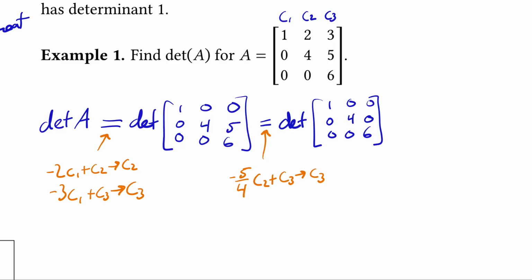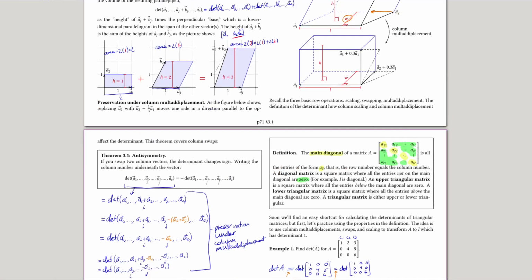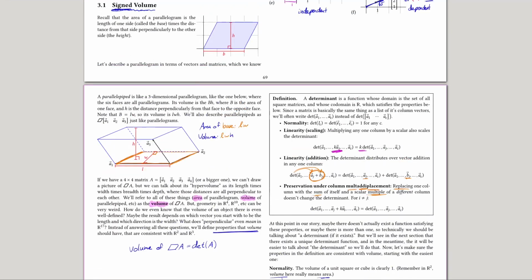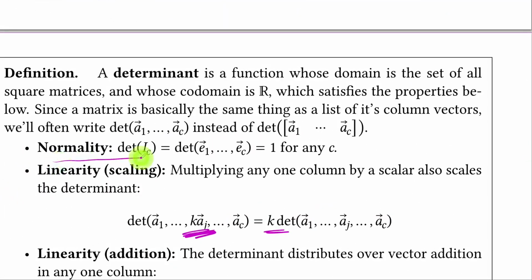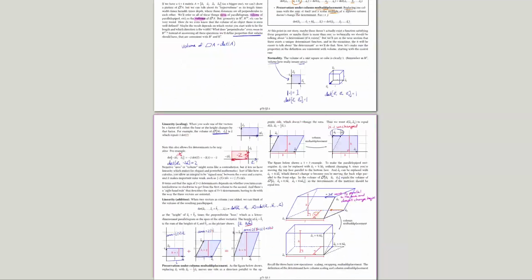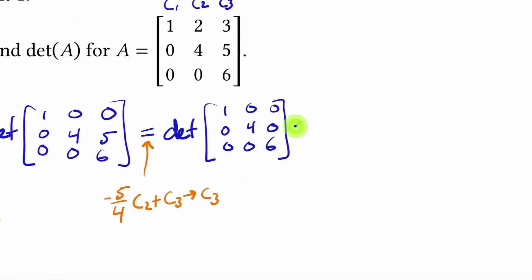Anyways, now we want to get this to be the determinant of the identity matrix, which we know is equal to 1. That's the normality condition. And to do that, we can scale column 2 by 1/4. Essentially take the 4 out.